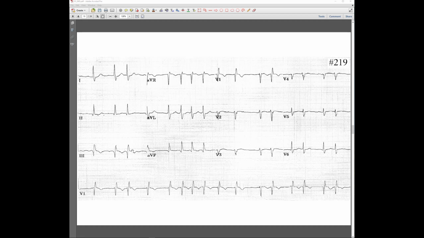If you do see S1Q3T3, immediately you can say that's a pulmonary embolism, or acute right heart failure. Is it clear? Yeah. I like this ECG.